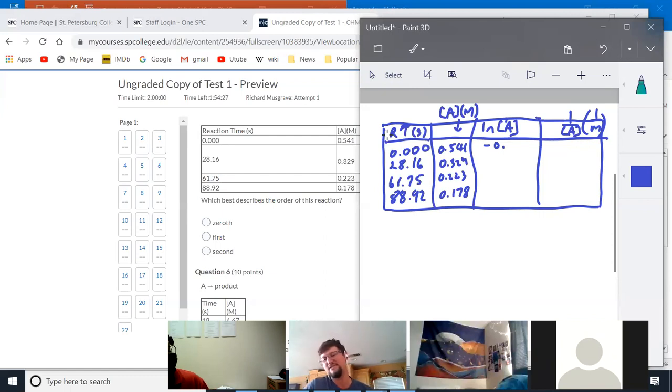Negative 0.614. Second one is negative 1.11. Natural log of 0.223 is negative 1.50. And the last one is negative 1.73.